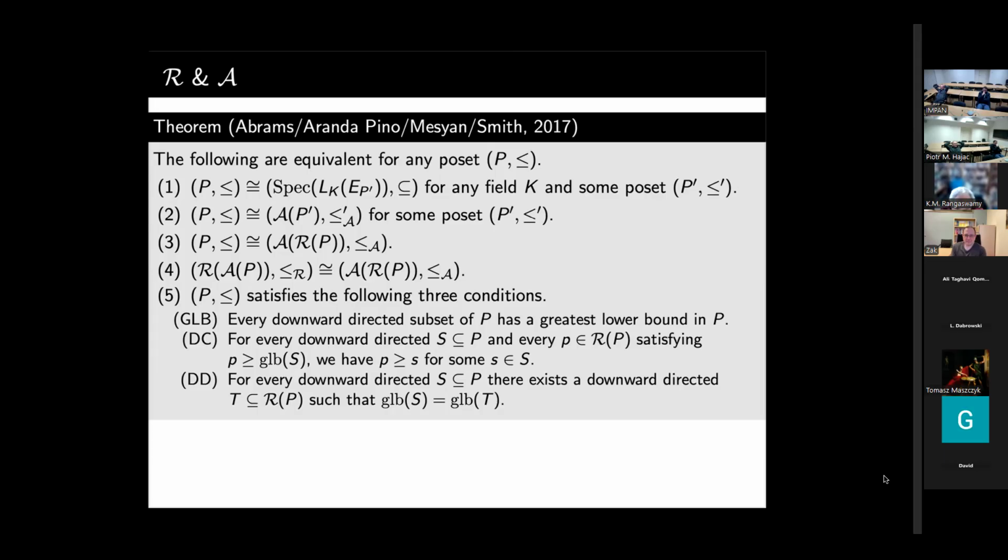Yes, you can have a graph which is not. This is a very particular class of graphs. In particular, they're acyclic and they have no breaking vertices. Great. Because you see, I was wondering why you write E_P prime instead of just E for some graph E. But okay, I understand it.